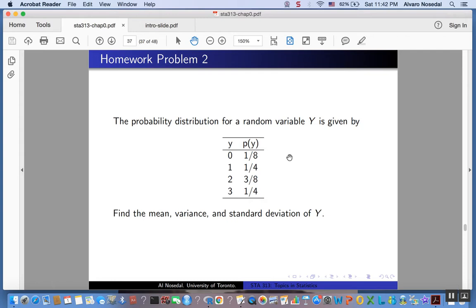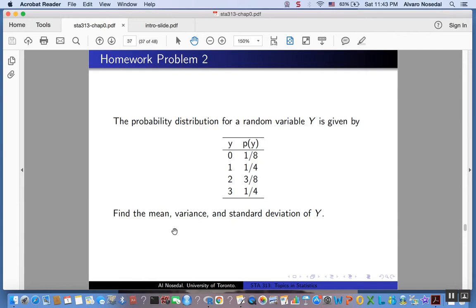We would like to find the mean, which, as you know, is a numerical measure of center for this probability distribution. The variance is a measure of spread or variability with respect to the mean. The thing with the variance is that it's given in squared units.